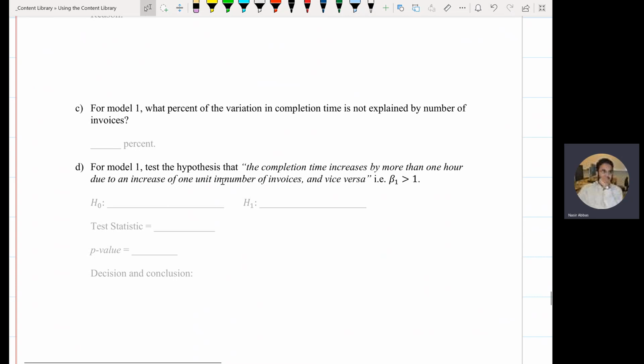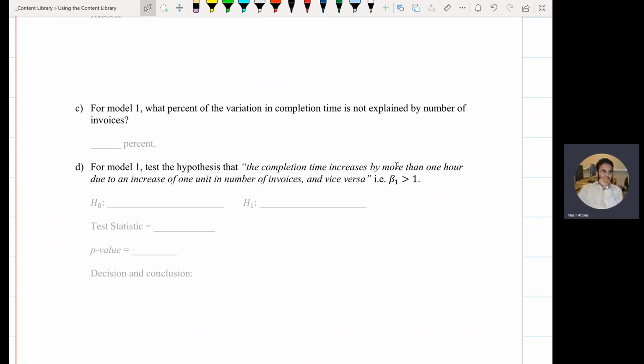For model 1, test the hypothesis that the completion time increases by more than 1 hour due to an increase of 1 unit in the number of invoices. That is, you have to test this statement, beta 1 greater than 0. What will be H0, H1? The given thing is H0 or H1? This is H1. Define H0 yourself, then write H0, H1, and write the value of the test statistic here.